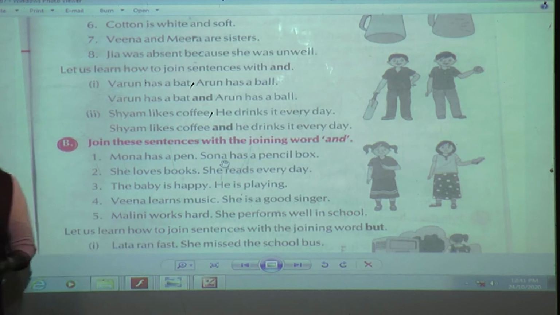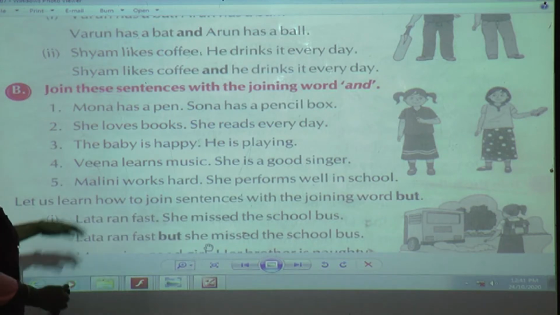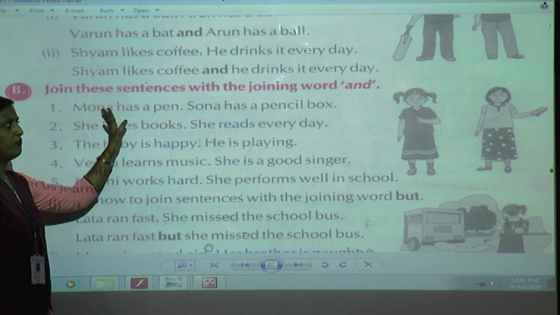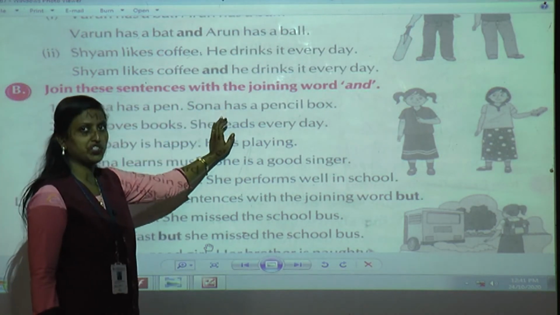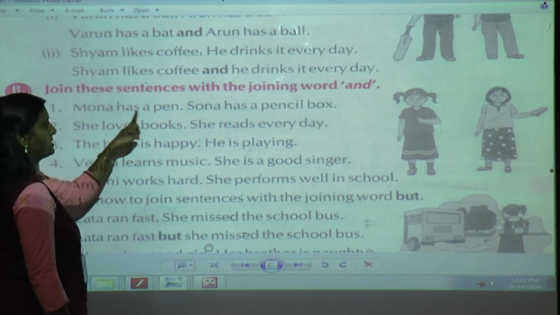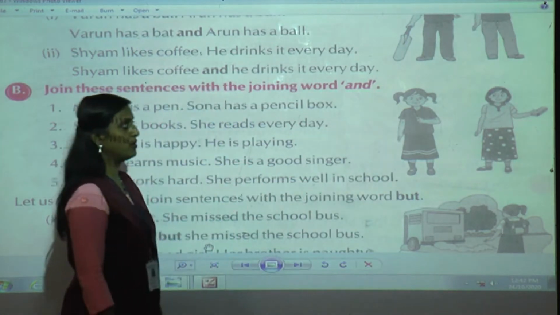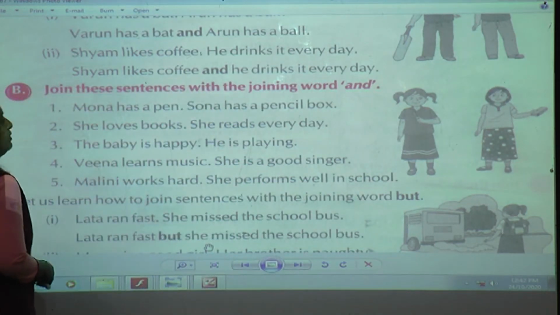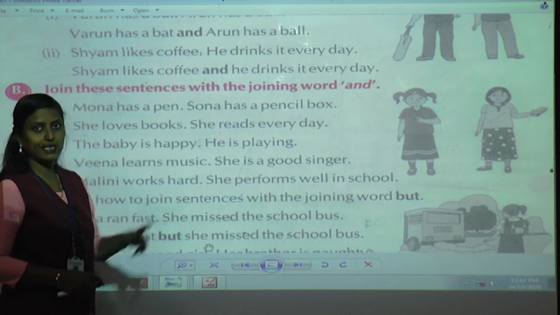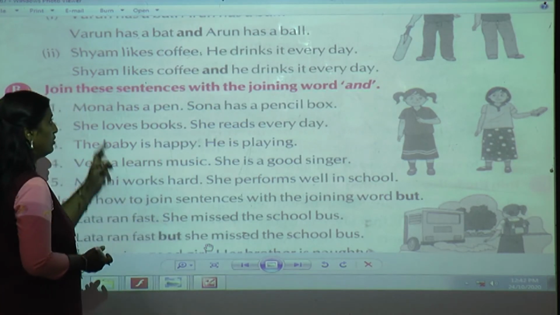Now we are going to solve exercise B. Exercise B, join these sentences with the joining word and. Means you only have to join these sentences with the conjunction and, which we have learned just now. Now, Mona has a pen, Sona has a pencil box. Can you see here Mona and Sona? So I am going to join these two sentences with the conjunction and.